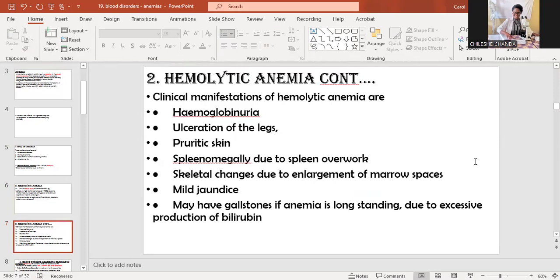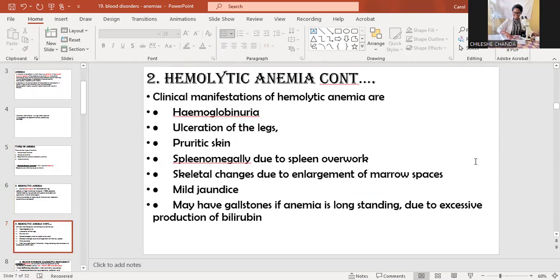But when there is too much, the liver is overwhelmed, and so there's going to be a lot of unconjugated bilirubin in the bloodstream, which is going to start settling under the skin and the mucous membrane. And even if it's not settling, you will notice that the patient will start appearing yellow on the skin and the mucous membrane.